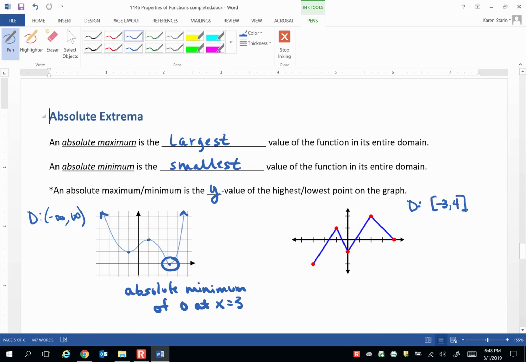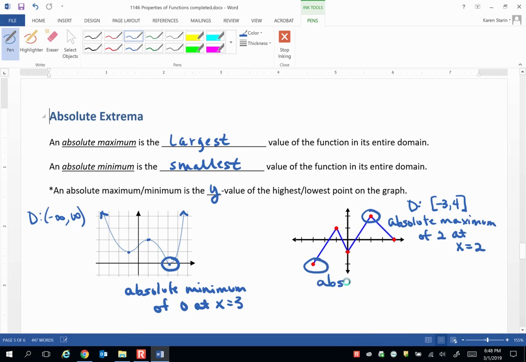As we look from left to right, I see a highest point here. So this is an absolute maximum of 2 at x equals 2. I see a lowest point here.